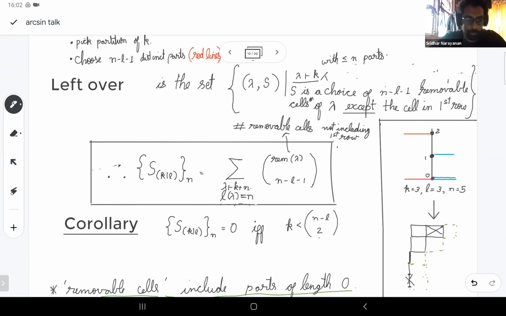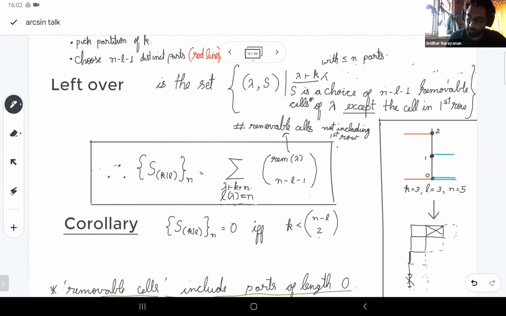So the partition can have parts 0, 1, 2, 3 up to n minus L minus 2, and then the first row must be n minus L minus 1, right? If you want the smallest possible partition.